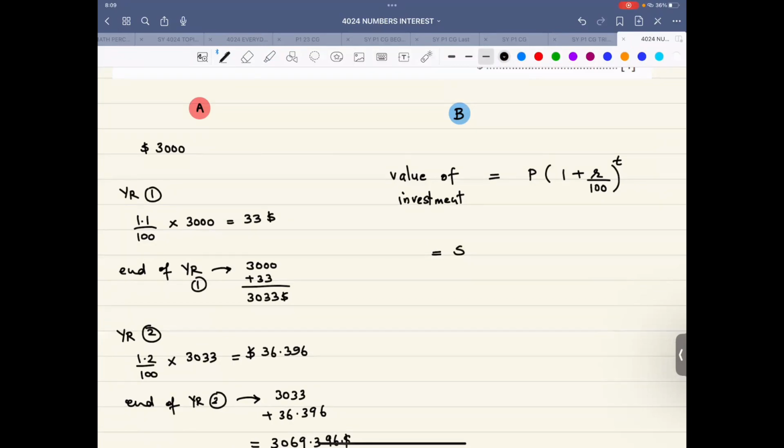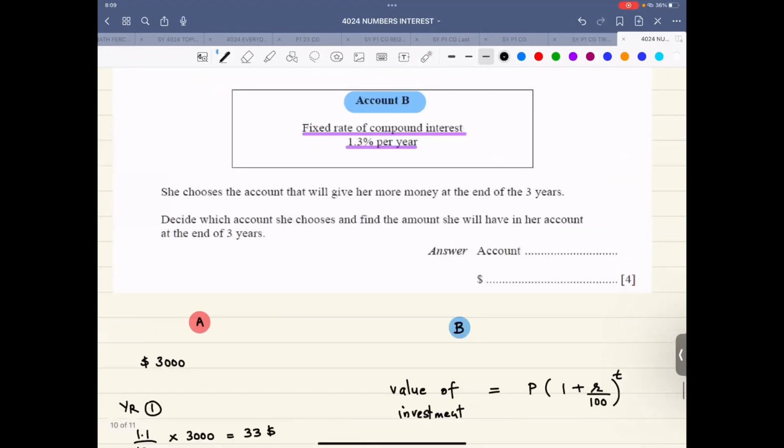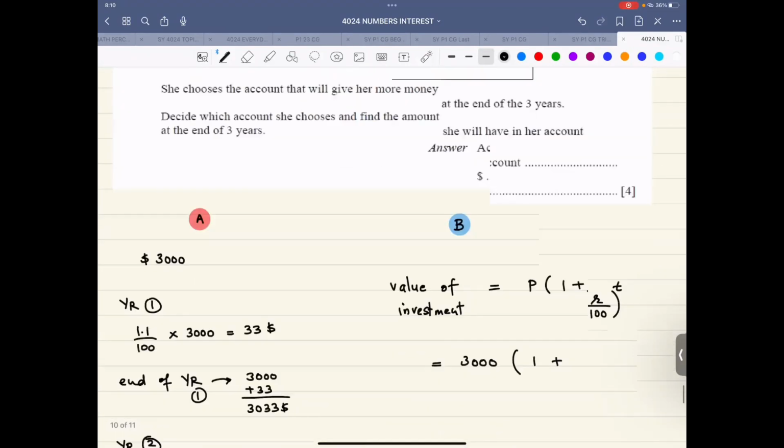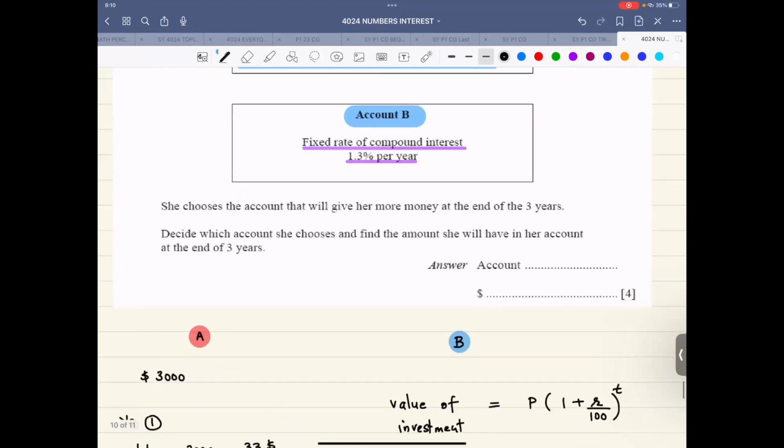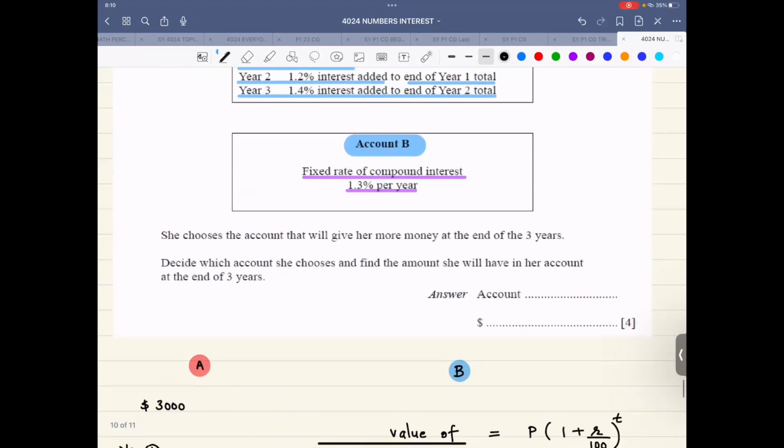That is $3,000. No need to write the unit over here. 1 is 1, R is a fixed value of 1.3%. So that is 1.3 over 100 raised to the power of 3. And I think it's again for 3 years. Yes, it's for 3 years.